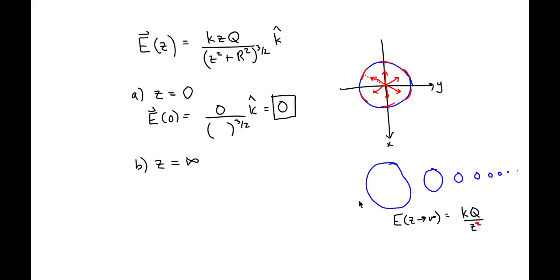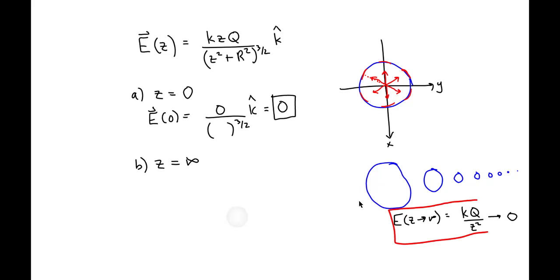My expectation is also that if z were infinity, this will approach 0 as well, because as you know, the electric field follows an inverse square law. So if we're very, very far away, the electric field is going to go to 0. But the next reality check is just to see if it looks like a point charge.